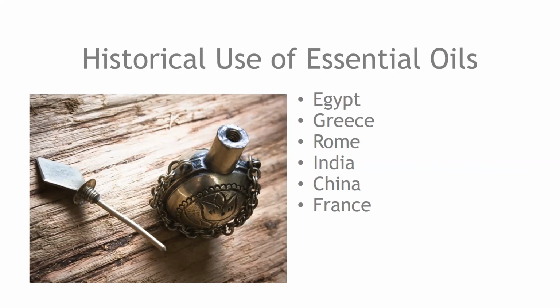Aspirin, for instance, is taken from just two of the components. There are around 200 components in willow bark oil, but only 2 of those were taken and then synthetically altered, synthetically made, to make aspirin.